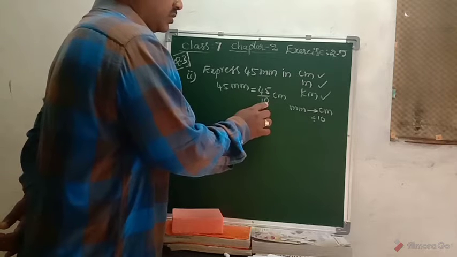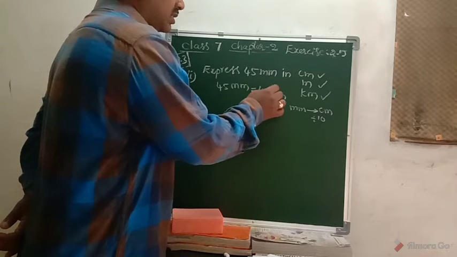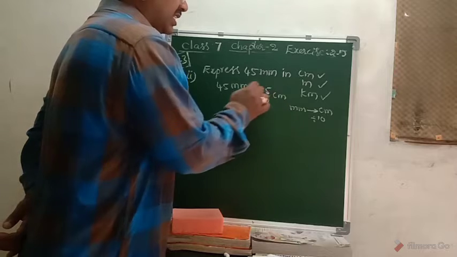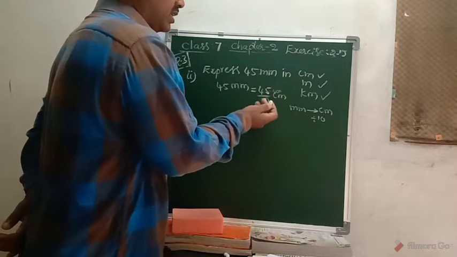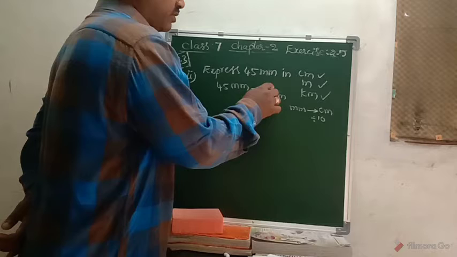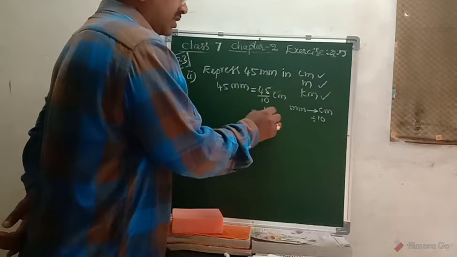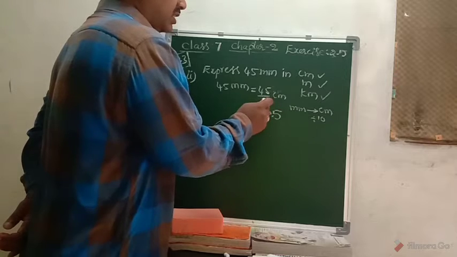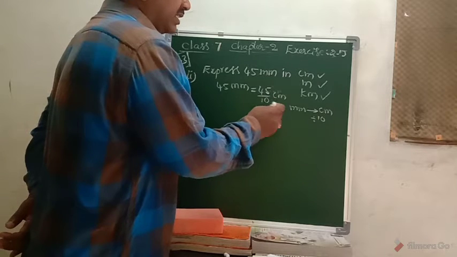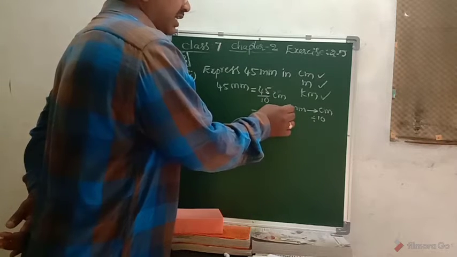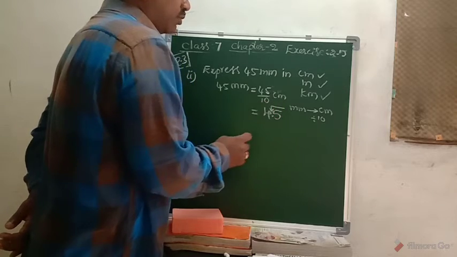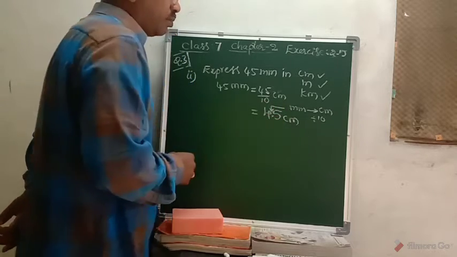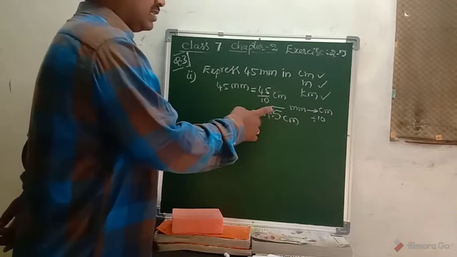Here there is one zero, so the decimal point goes here. So it will be 4.5 centimeters.